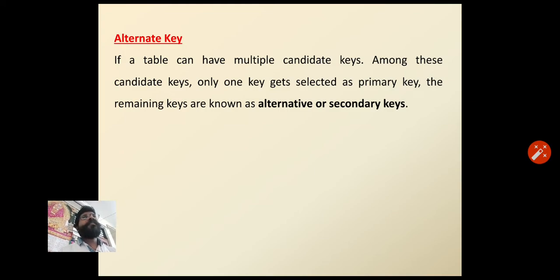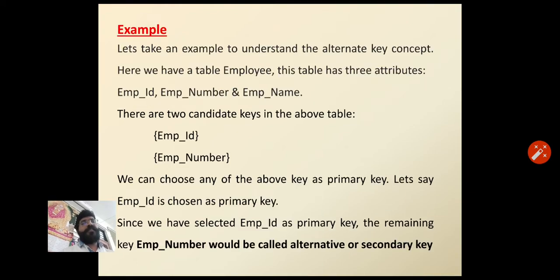That means there can be more than one candidate key and one of them we select as the primary key. Next, let us take an example to understand the alternate key concept.